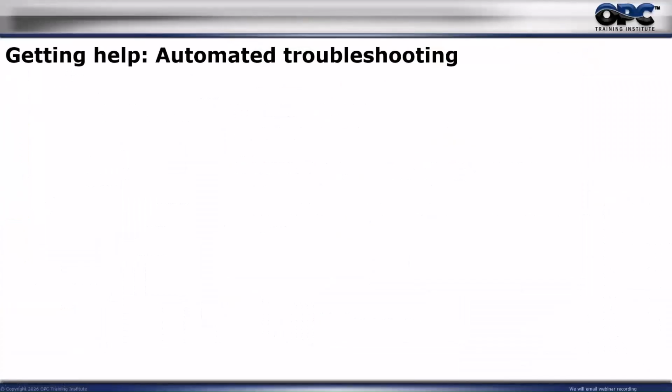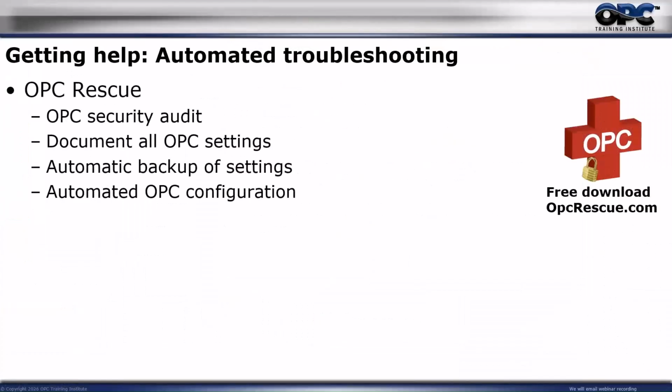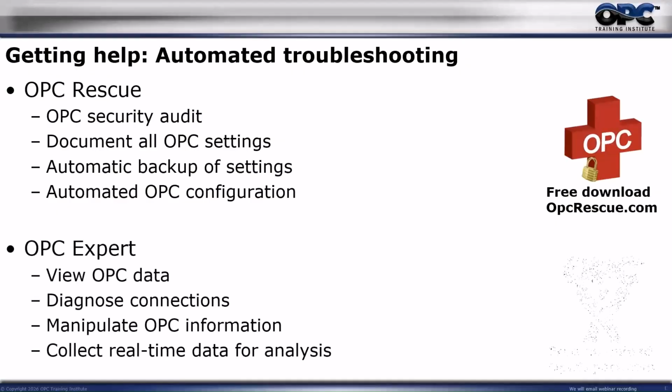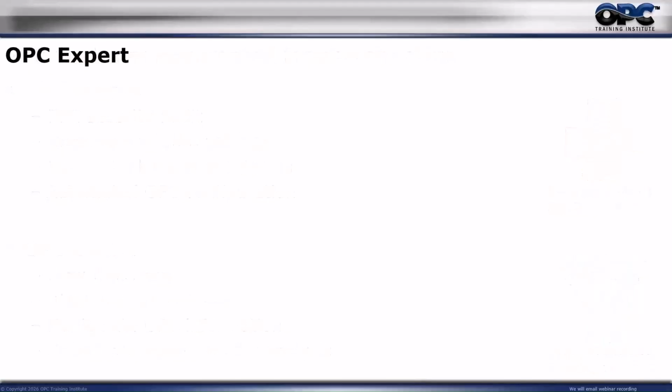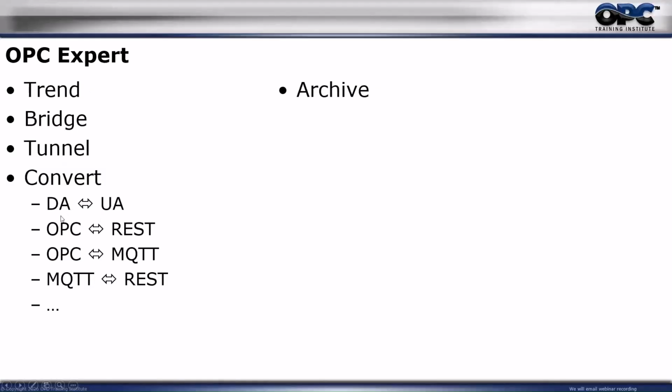To get automated troubleshooting, everyone, you can download OPC Rescue or OPC Expert. If you download OPC Expert, which by the way you can do right now, you can get this very same version I was using. You can trend, you can bridge, tunnel, do conversion.